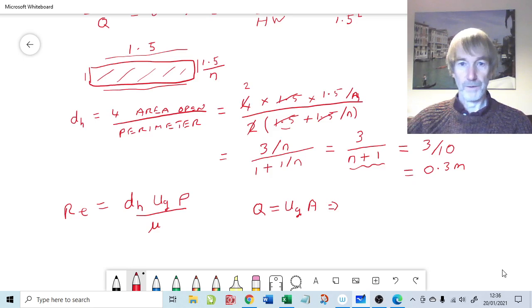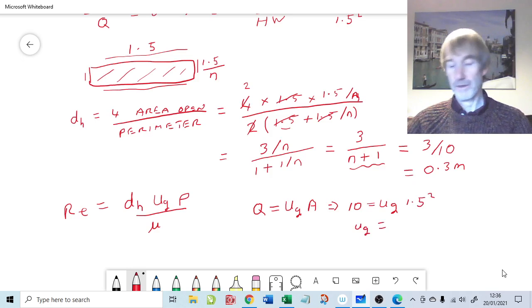So that gives us 10 meters cubed per second is equal to ug, and if we're not dividing everything by the number of flow channels, then A is simply 1.5 squared. So ug is equal to 10 divided by 2.25, 4.44. So the velocity is 4.44 meters per second.